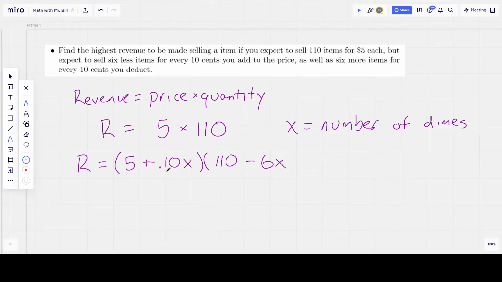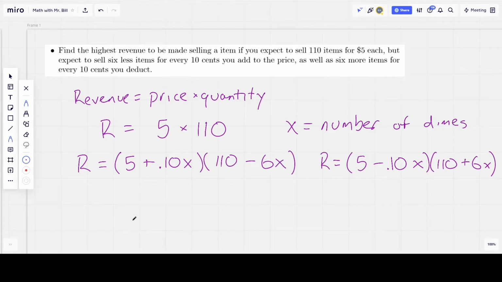If I put in two dimes into our price, we're going to sell 12 less, and so on. And then the second one says that if we decrease our price by 10 cents, then we'll sell 6 more. So it's kind of the same idea, except we've got a minus for our dimes, and then a plus for the number of items we're selling.